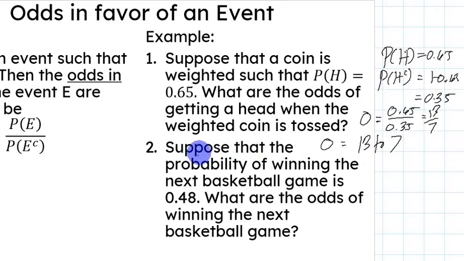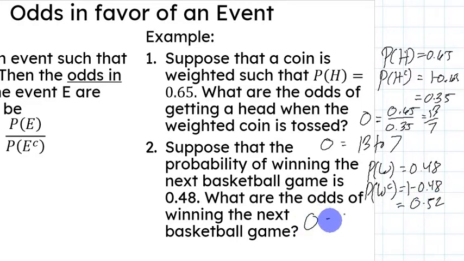So, another example. Suppose that the probability of winning the next basketball game is 0.48. What are the odds of winning that next basketball game? The probability of winning is 0.48. The probability of not winning is 1 minus 0.48, which is 0.52.